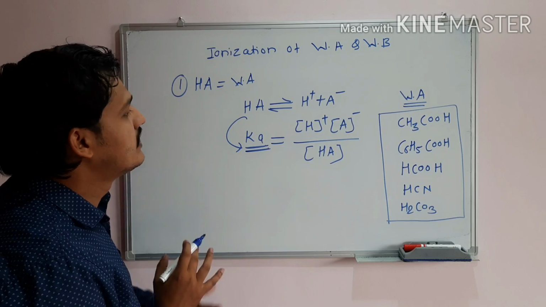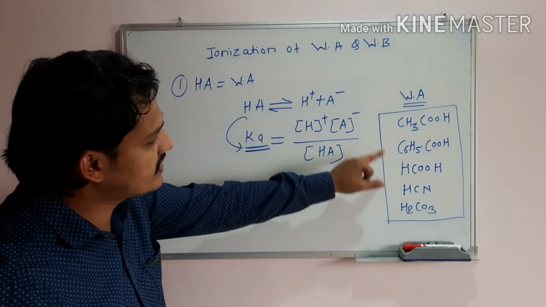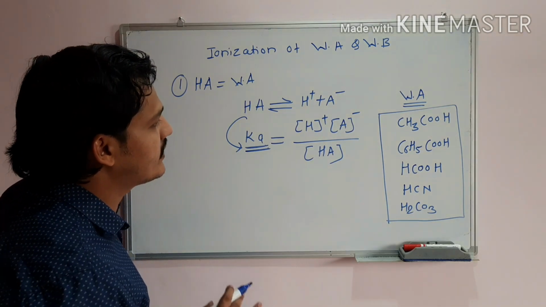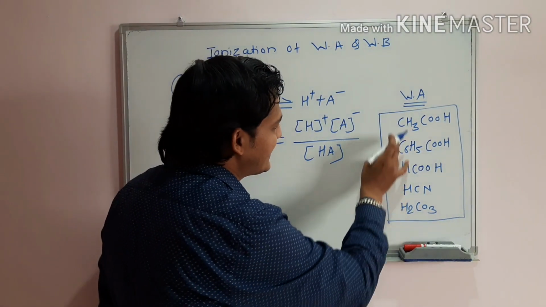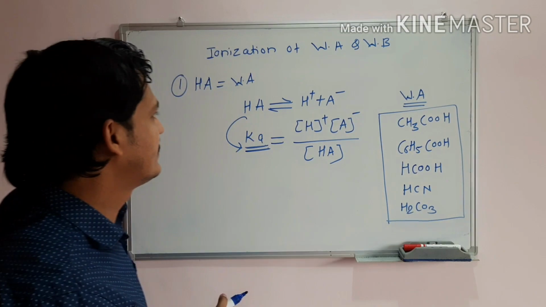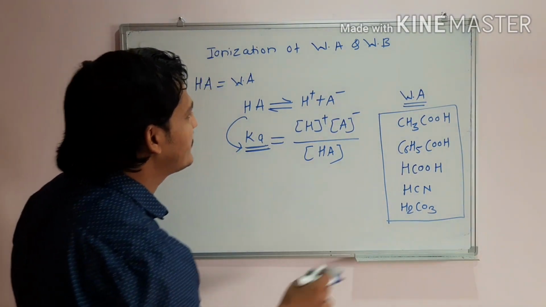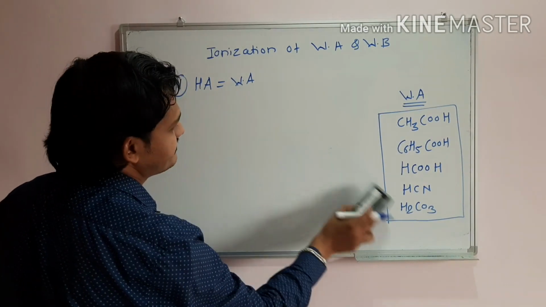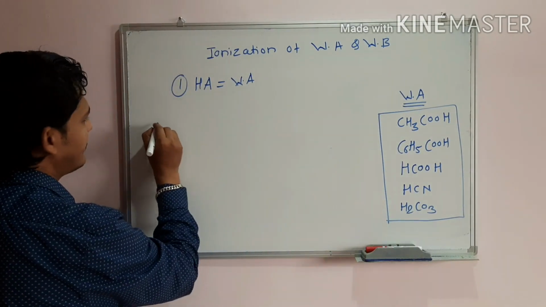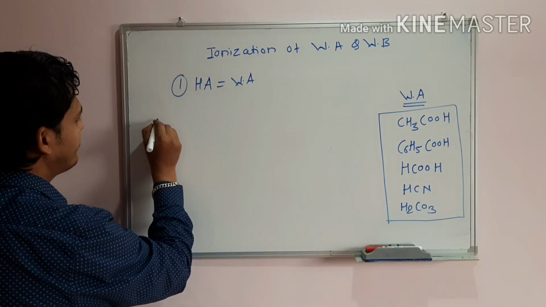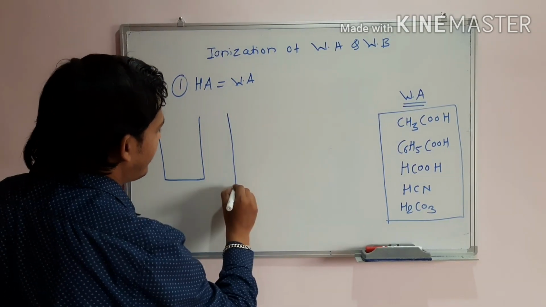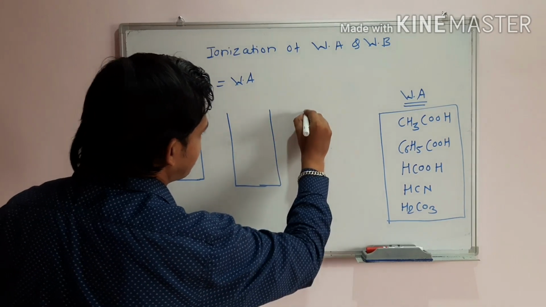Okay, so then these are the weak acids, and for these weak acids we have to calculate which is the strongest acid among these. Okay, now let us simplify. I am not writing 5 examples, I am taking just 3 examples. So I am drawing 3 beakers.